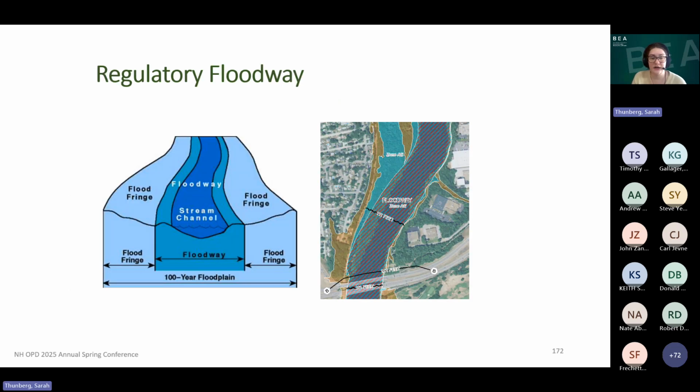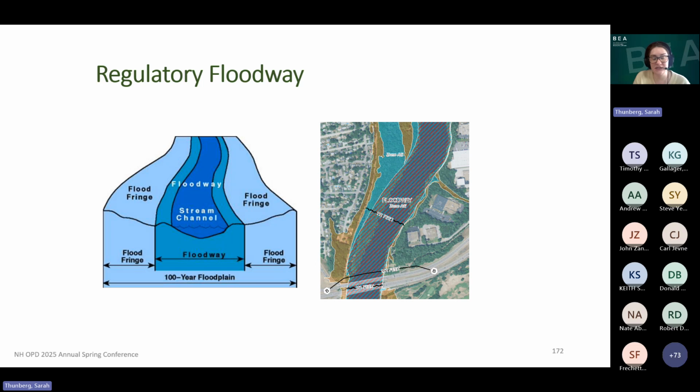So, what is the floodway? Just in case you're not aware of what it is. In our floodplain maps, the picture on the right is generally what you will see as the mapped floodway for a river.